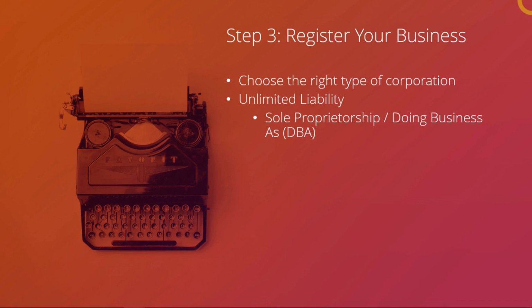But sometimes you don't want to use your name, like what I suggested earlier on. So what you could do is register a business with a separate name, but register it as a sole proprietorship company. Or for example, in the US, you can register it as a DBA, doing business as a different name than your personal name.